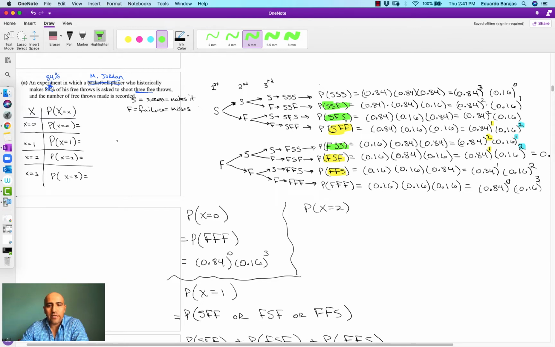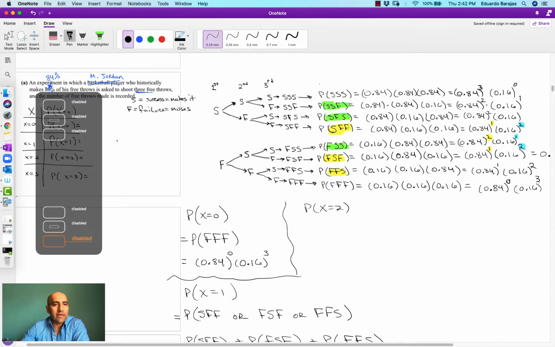So in those 3 cases, we have 2 successes and 1 failure. Remember, each one of these represents a specific order. So made the first one, made the second one, missed the third; made the first, missed the middle one, made the third, right? And so these constitute this, where order doesn't matter. We just want to track how many times he made it exactly twice.